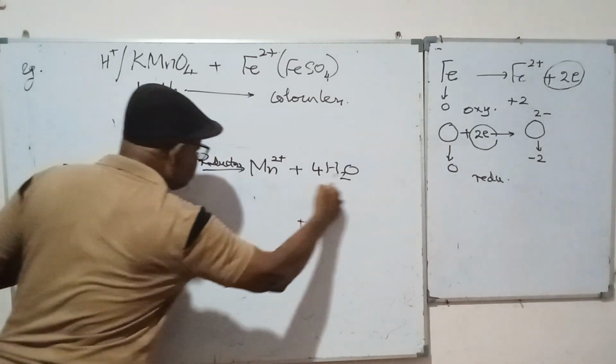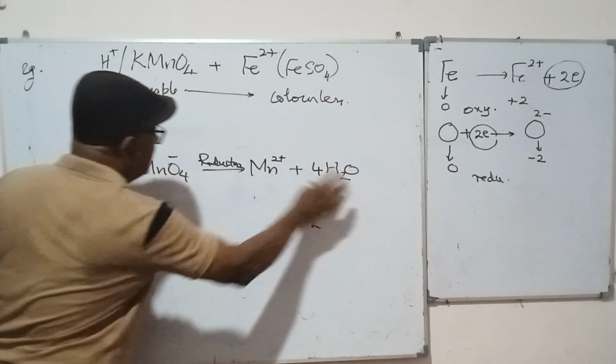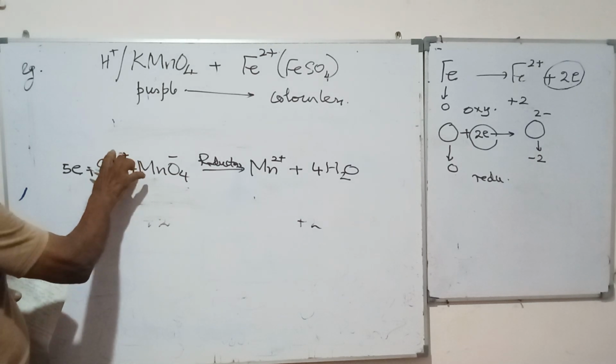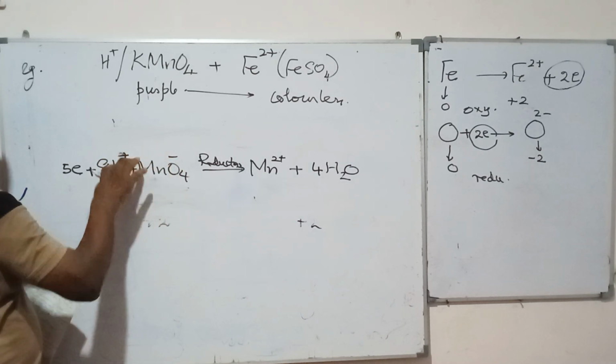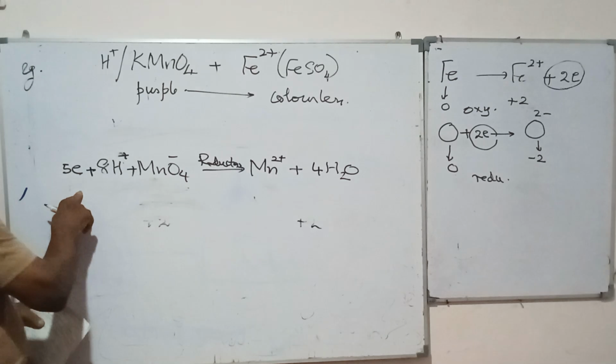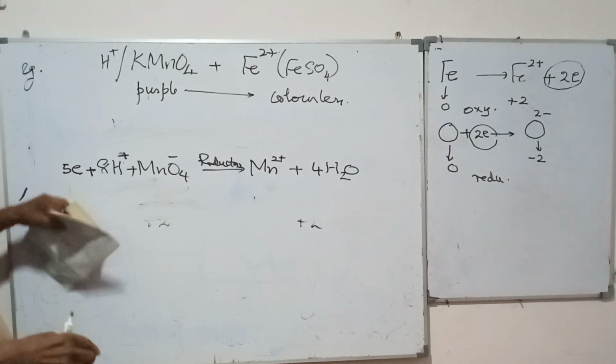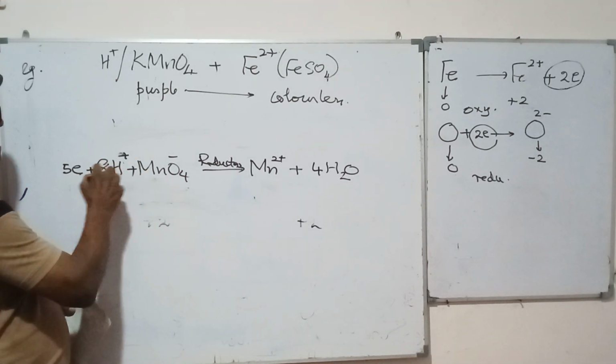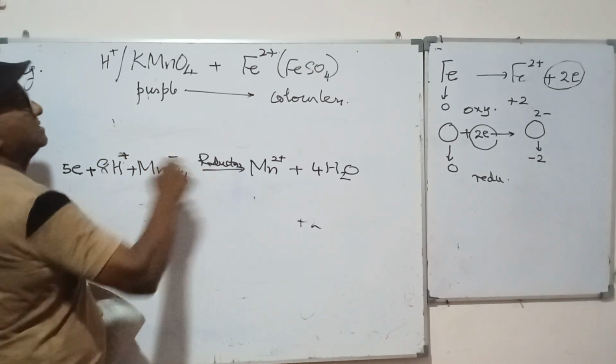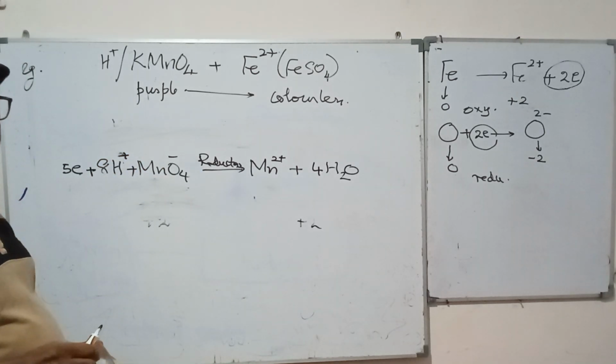To balance the charges finally, plus 2 only, then to be the plus 7, 5 electrons should be added to this side. Now both sides' charges are plus 2 and plus 2. This is the balanced half reaction.